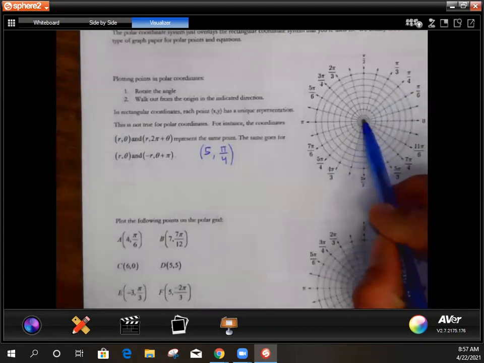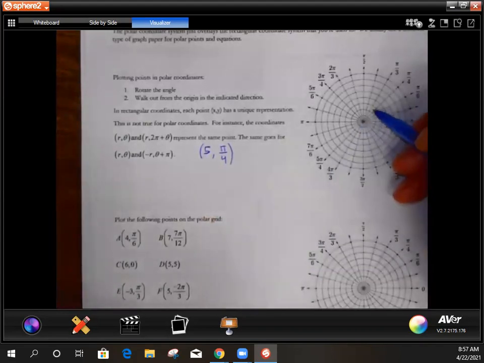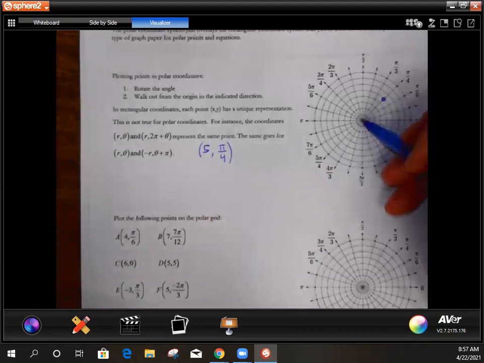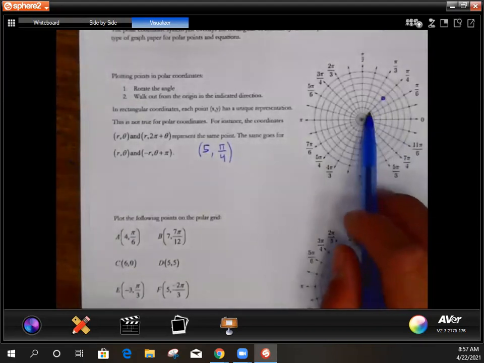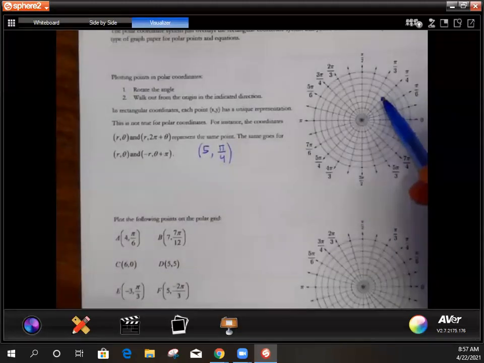Since theta is pi over 4 and r is 5, we're going to move 5 in this direction. So we rotate pi over 4 and then move 1, 2, 3, 4, 5. Now if it was -5, then we'd just move behind, we'd move this way. So that's where that point would be. You rotate pi over 4, 45 degrees, and then move away from the pole 5.